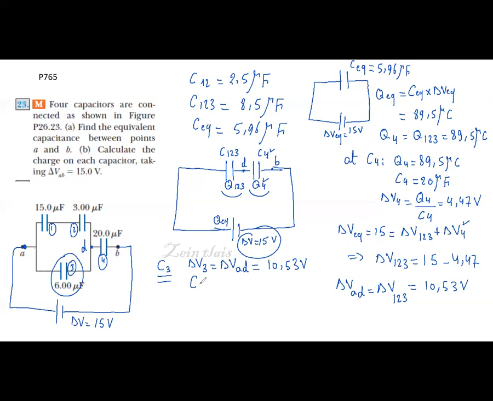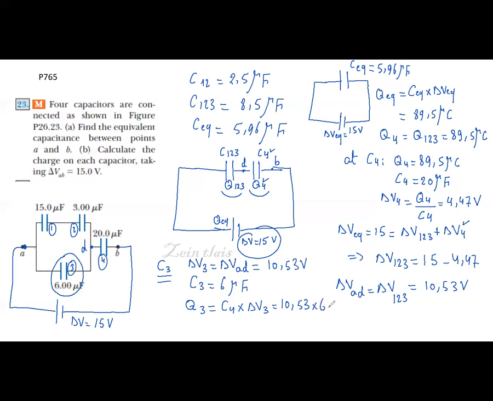We have C3 equals 6 microfarad, so Q3 equals C times delta V, which is 10.53 times 6.